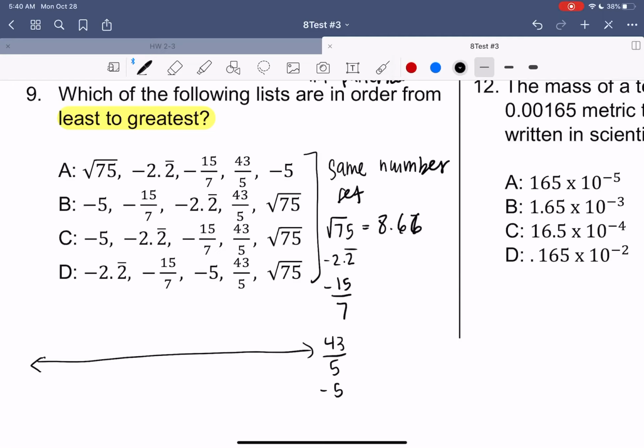And we have negative 12.2, negative 15 over 7. This equals negative 2.14. 43 divided by 5 was 8.6, and negative 5.